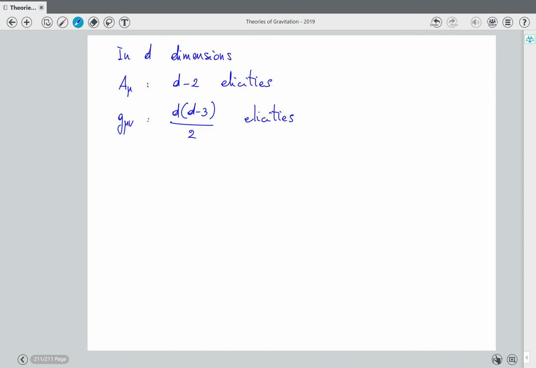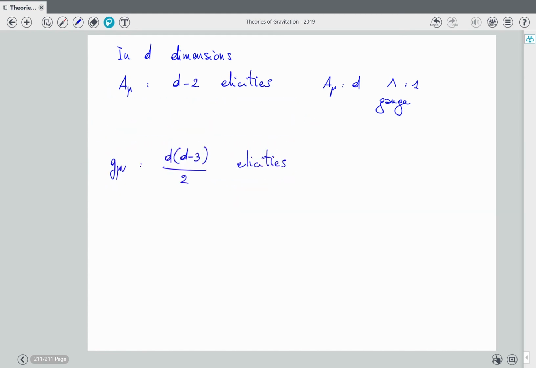Since we have 4 minutes, we can spend a few comments on, say, how this comes out. A mu has d components. Then you have 1 gauge freedom, that's 1 component.